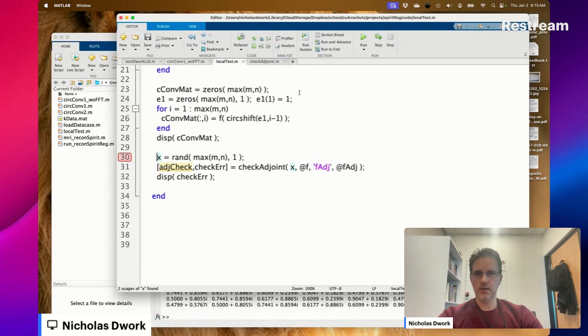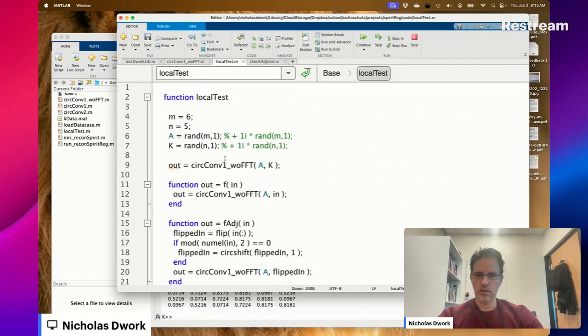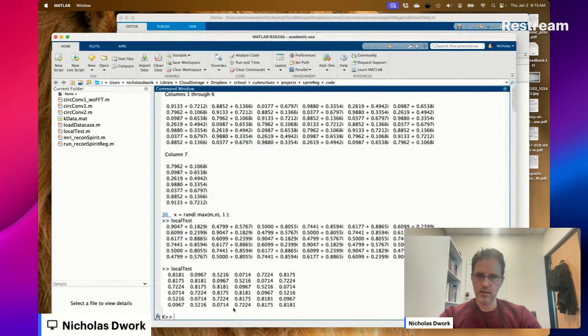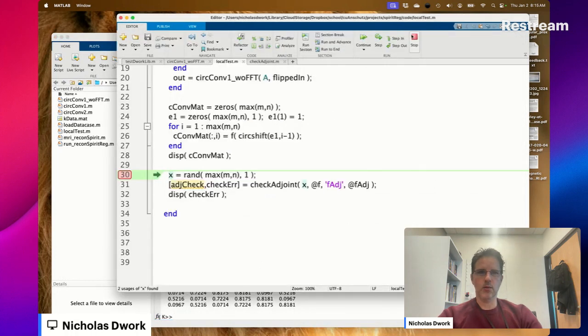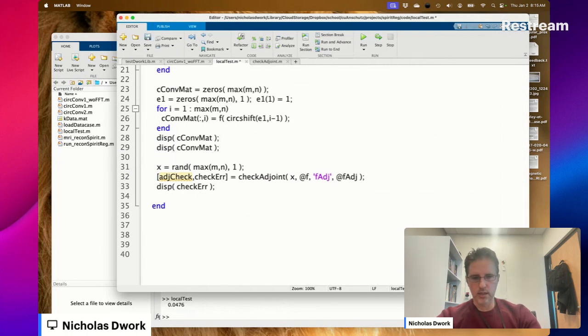Let's make this real for right now. Make it easier to see. Okay. It is indeed circulant. Question. Does the adjoint test work with real values? The answer is no. Great. Let's look at its transpose.